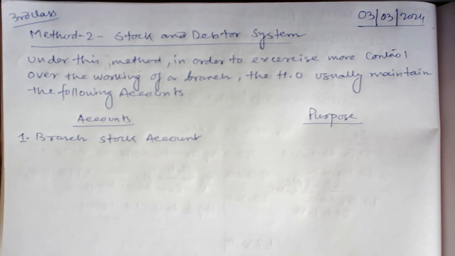What is the difference between cost and invoice price? Invoice price includes profit over and above the cost price, where the cost price is nothing but the cost of the goods purchased or sent to the branch.